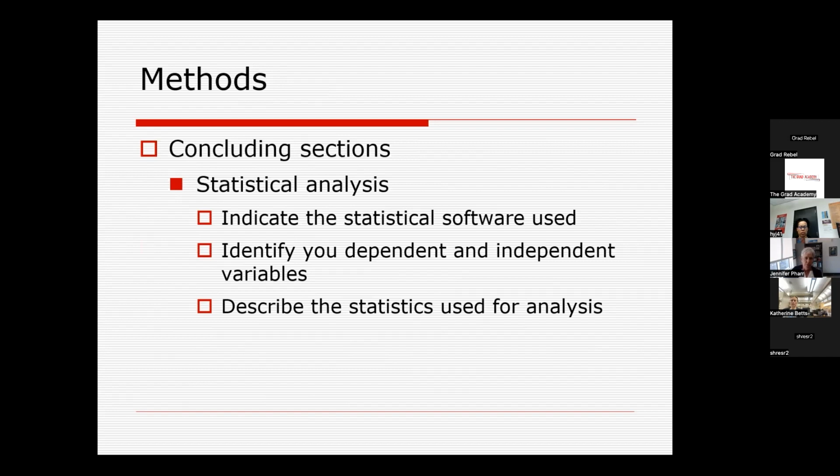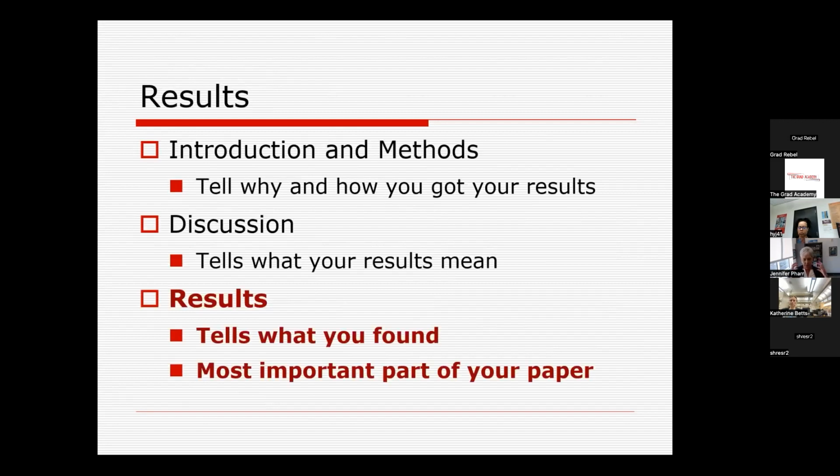And you want to describe the statistics you used for your analysis. So did you do a t-test? Did you do linear regression, multiple linear regression? All of that information is going to be included in your methods section. So you present your statistical analysis plan, and then from there you move into your results section.